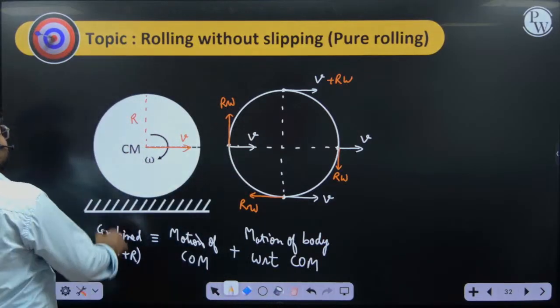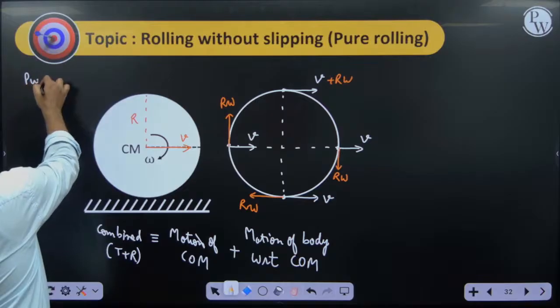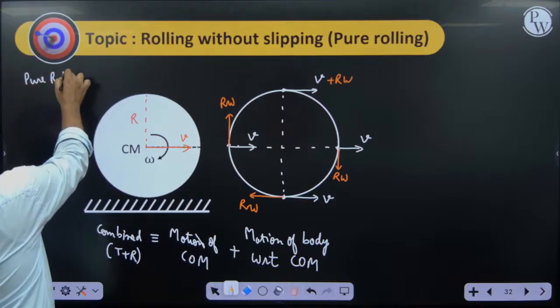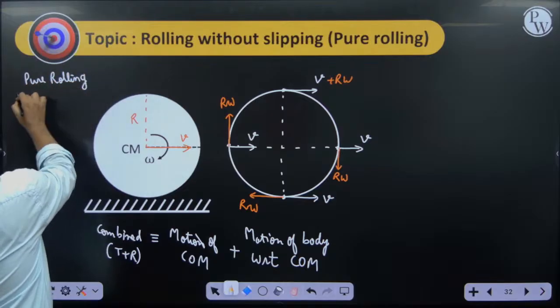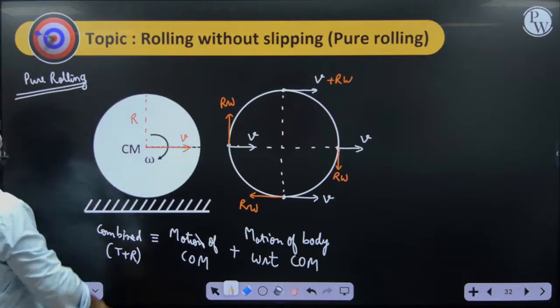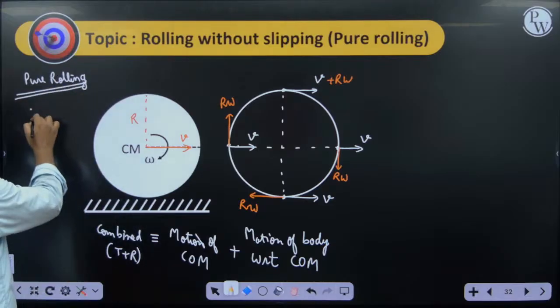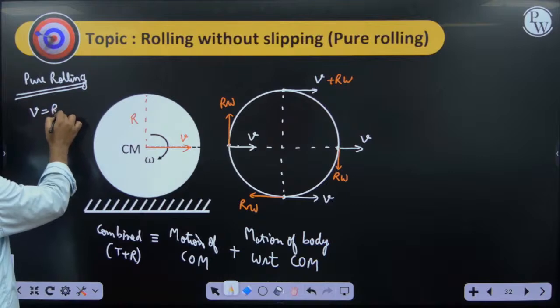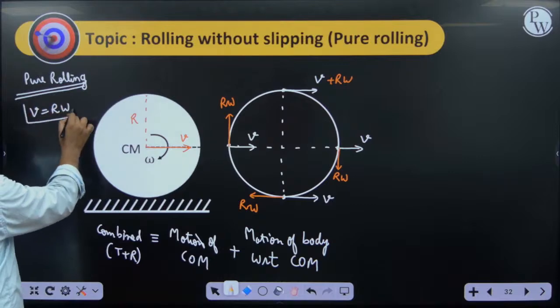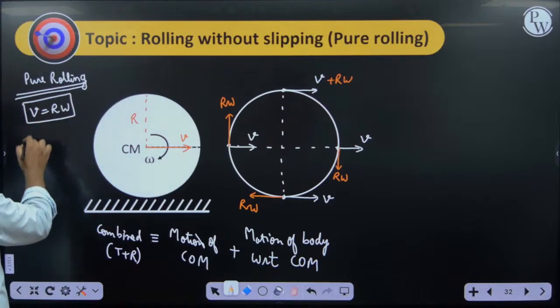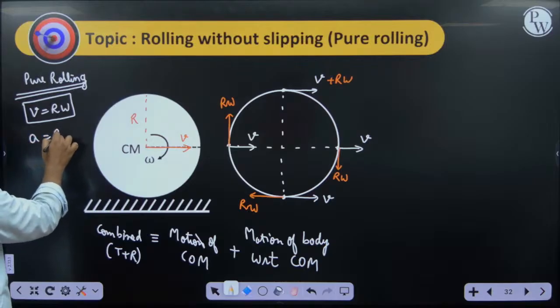Now in case of pure rolling, v is equal to r omega. This is something you need to memorize. Also, acceleration is equal to r alpha.